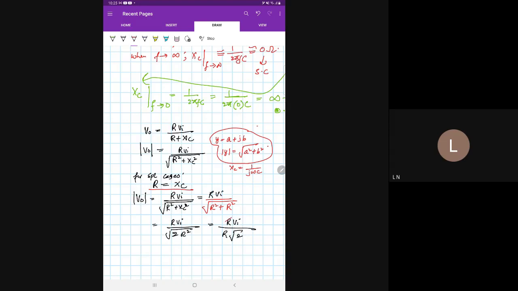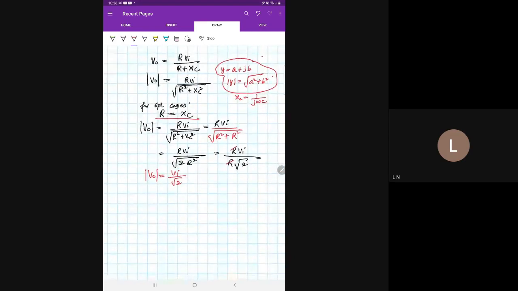Now you have R in the numerator and R in the denominator, so they get cancelled out. So please remember, the output is equal to Vi divided by root 2.